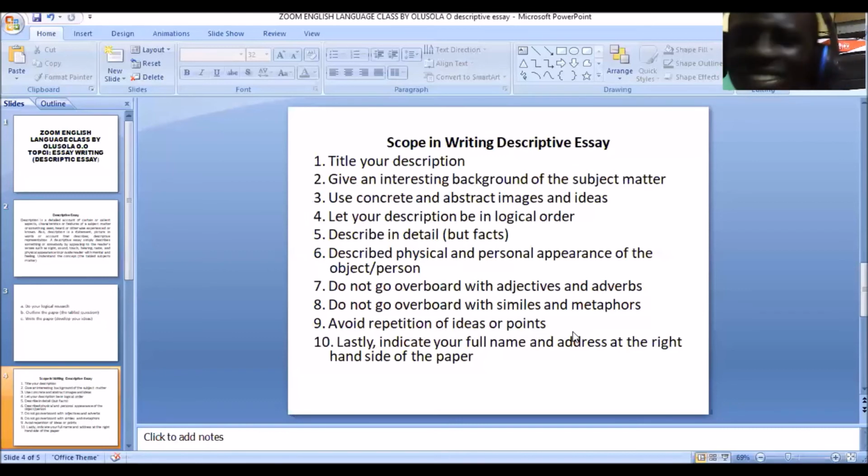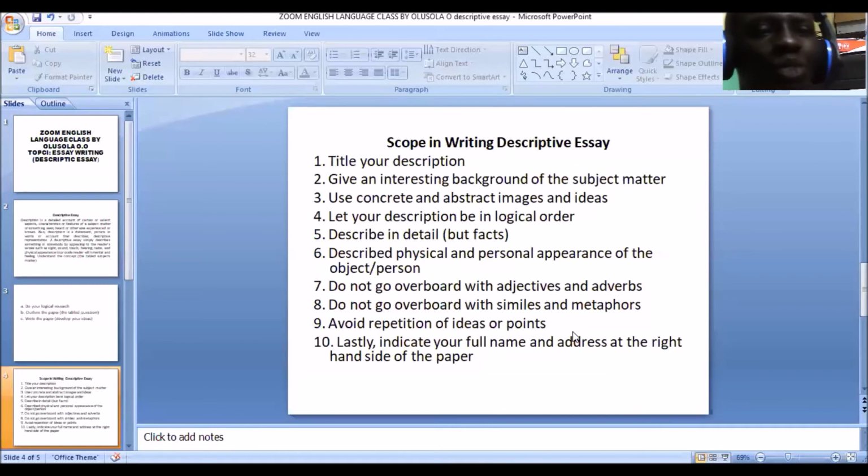Just simple sentences. Forget about you want to write an English exam and you now go and study the dictionary, then try to assimilate some vocabulary. No, you don't need it. Simple sentence. If you can't make use of compound sentence, forget about compound sentence, forget about complex sentence.